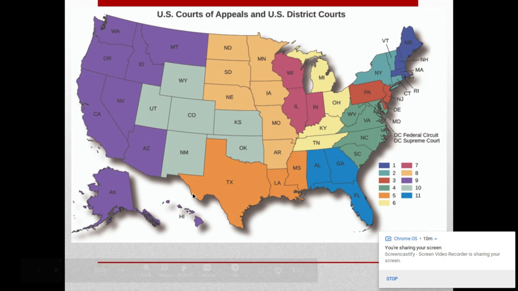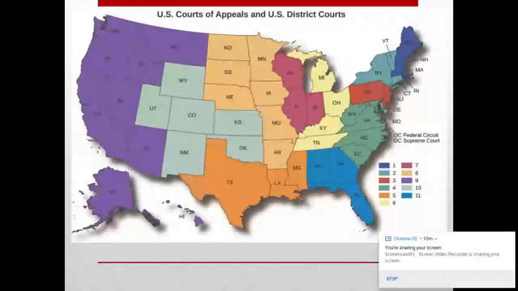It's just not likely. The judges sit on panels of 3. We call them judges at the circuit court level. Three judges hear the case. They decide together.